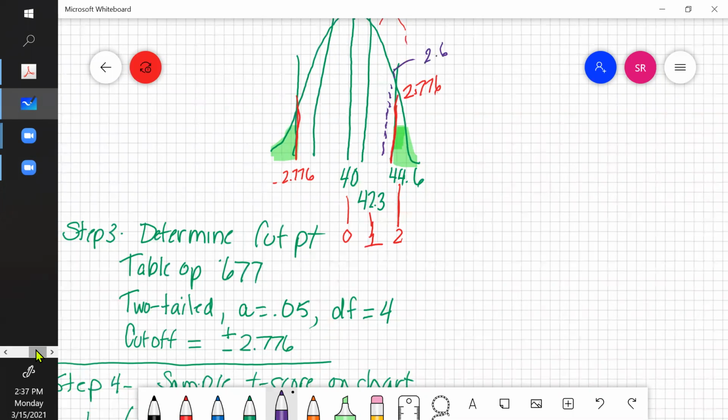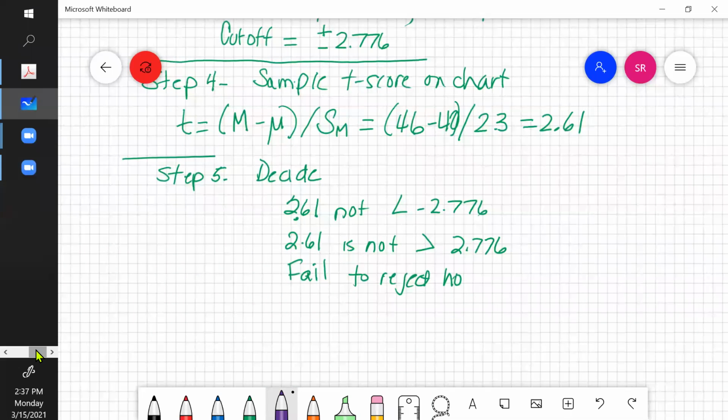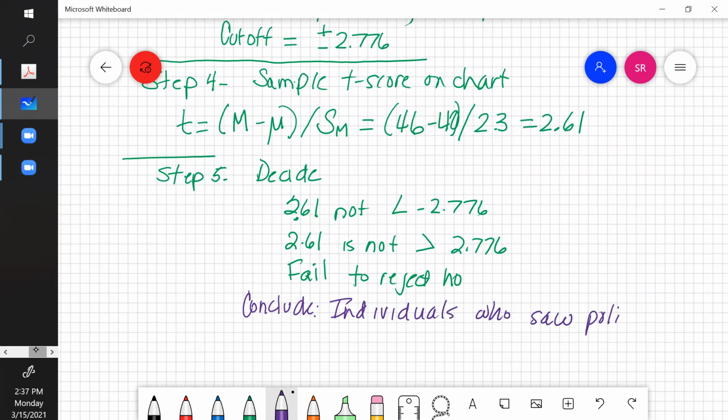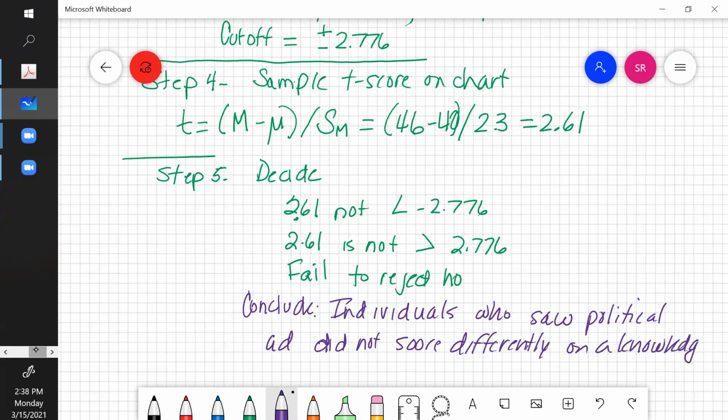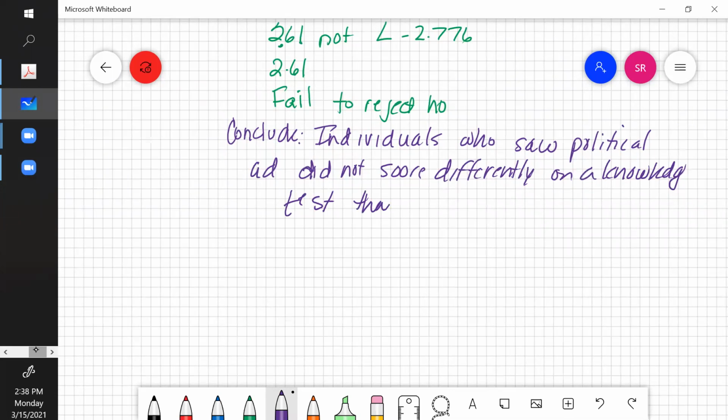Because it did not fall in either green area, we fail to reject H0, and we conclude, based on this standard, that individuals who saw the political ad did not score differently on a knowledge test than the general population.